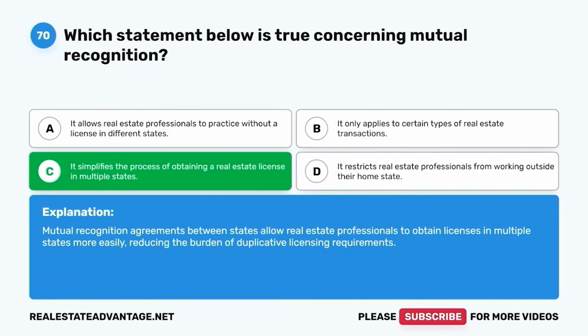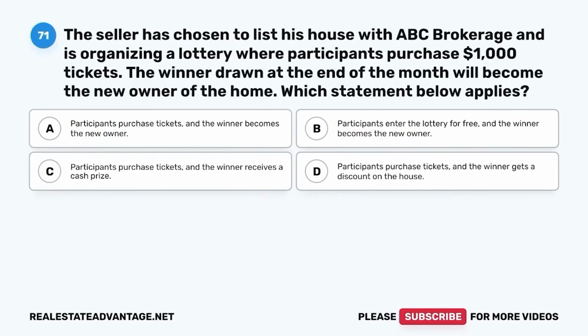of duplicative licensing requirements. Question 71. The seller has chosen to list his house with ABC Brokerage and is organizing a lottery where participants purchase $1,000 tickets. The winner drawn at the end of the month will become the new owner of the home. Which statement below applies? A. Participants purchase tickets, and the winner becomes the new owner.